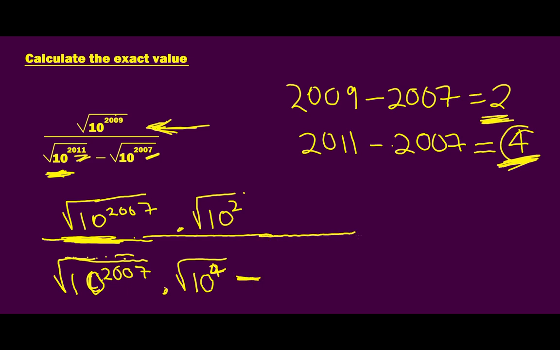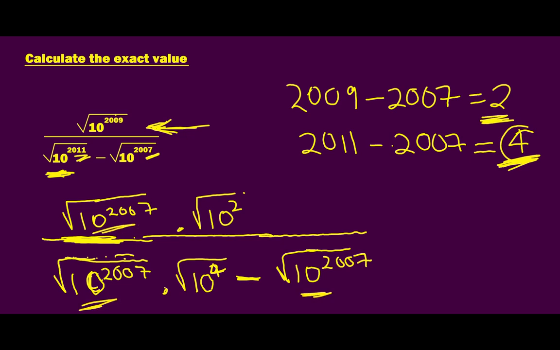Then minus square root of 10 to exponent 2007, right? So from here, we're going to take out the common factor because we took out the factors.